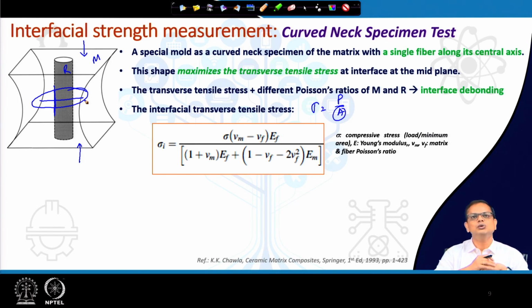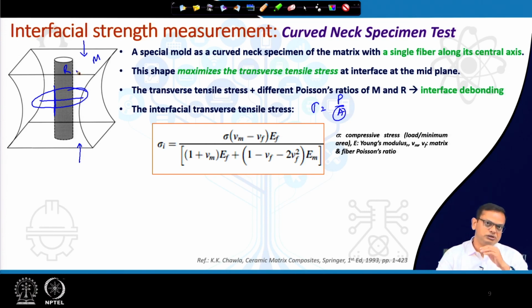So, we need to observe the delamination point. That is why earlier it was applied only for transparent matrix, that means transparent polymer matrix, so that I can observe at what load exactly the delamination is taking place.